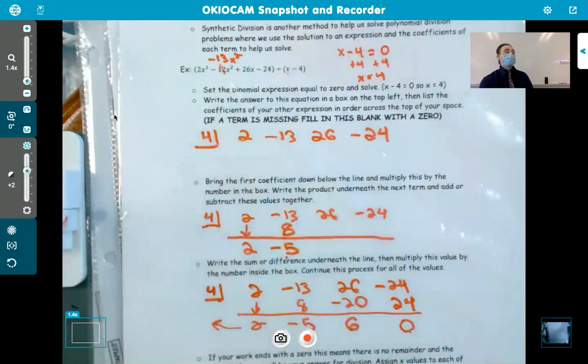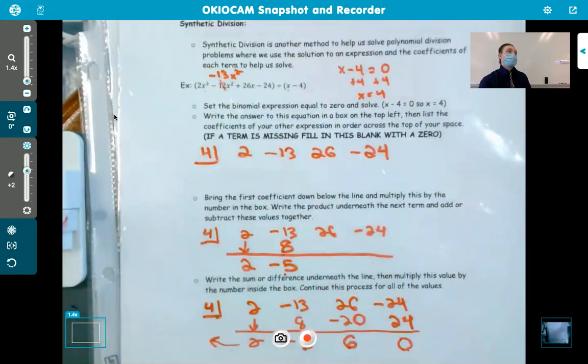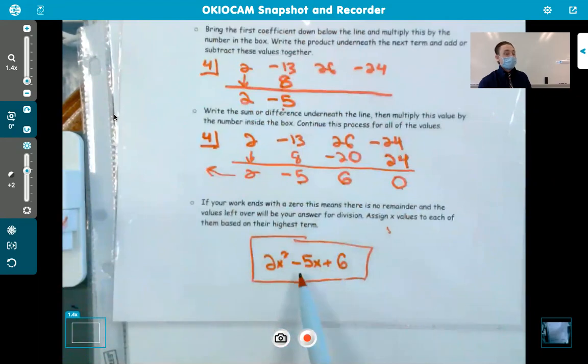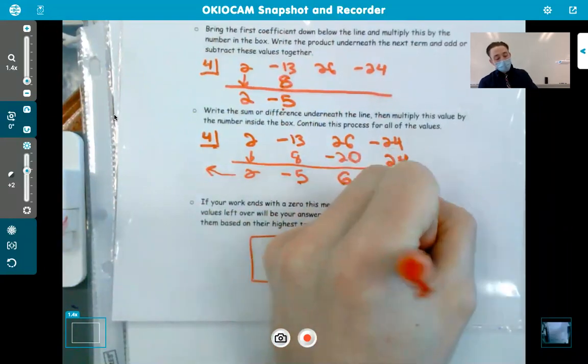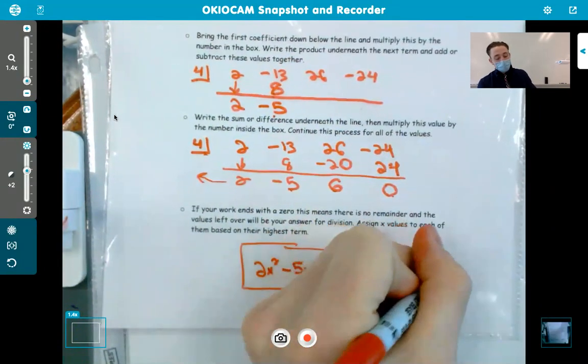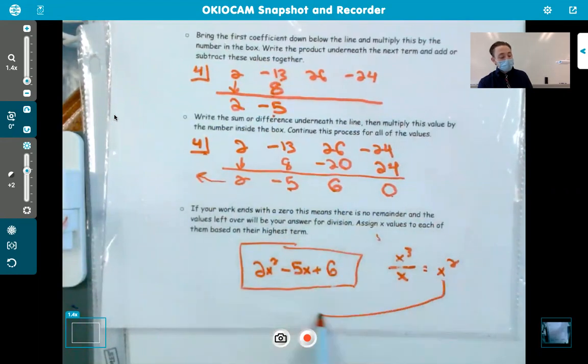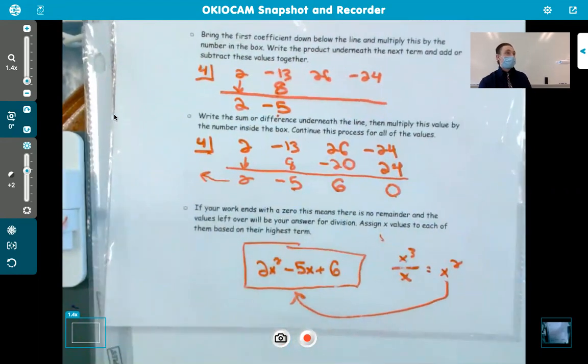Remember, what's x cubed divided by x? X squared. So you should end up with the highest term being an x squared. That's another thing that you can keep in mind as well, similar to how we were doing simplifying before, right? X cubed divided by x, that'll give you x squared. So that should be the highest term that you have in your final answer. Okay.